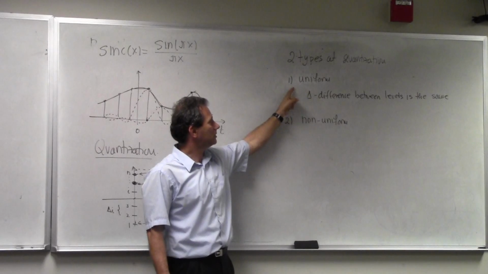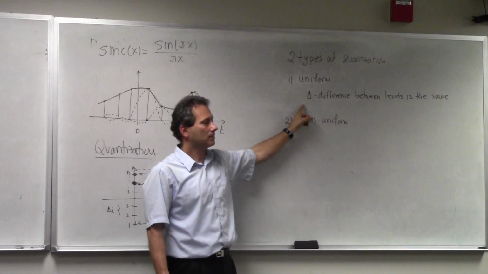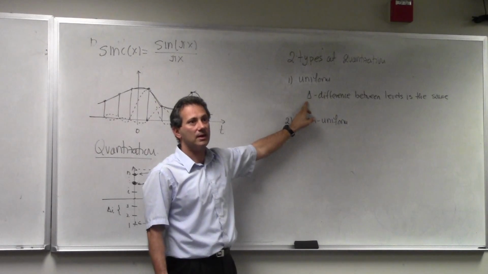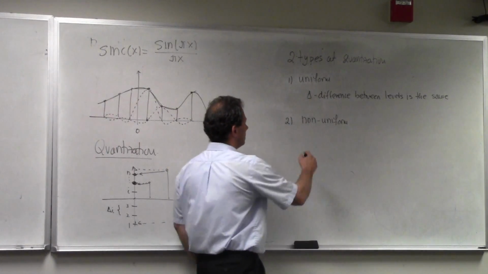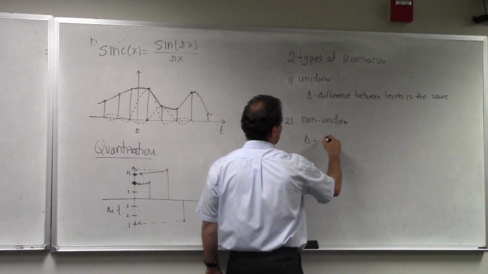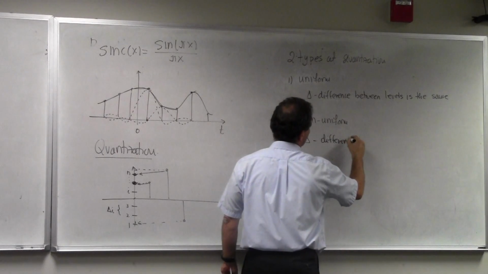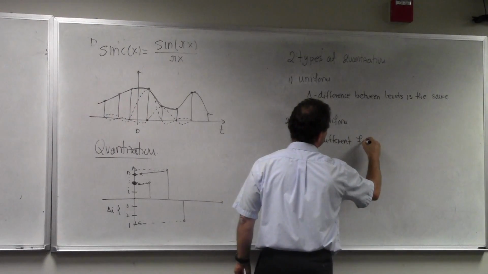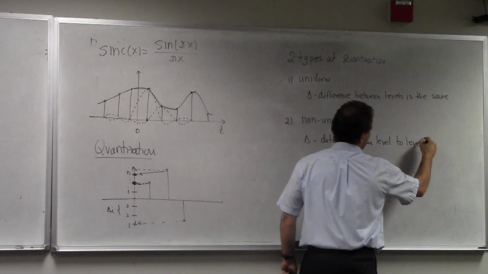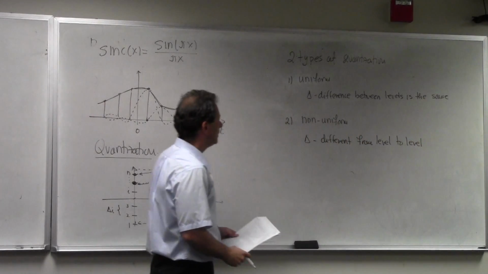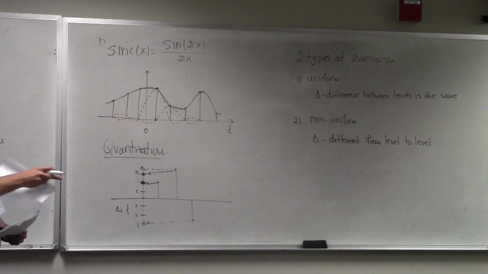But just to define here, there is nothing that dictates this. I can make these deltas different, and if the deltas are not the same, different from level to level, then we're dealing with non-uniform quantization.